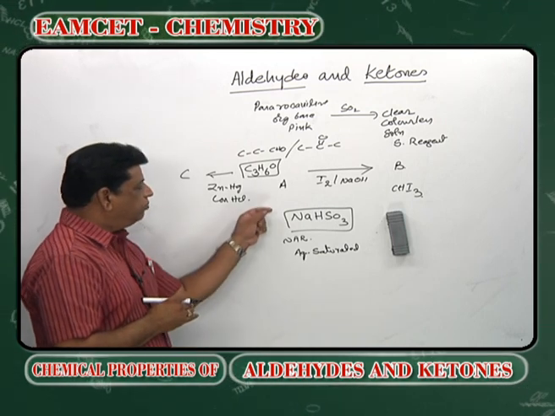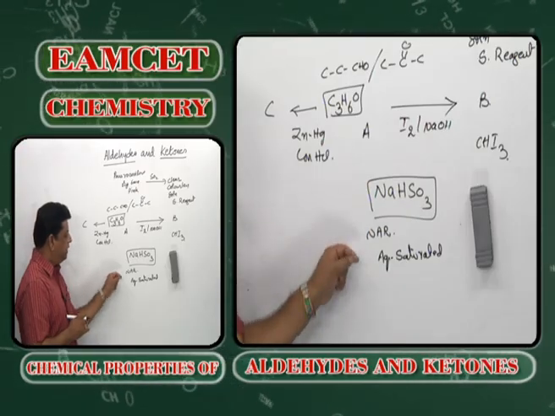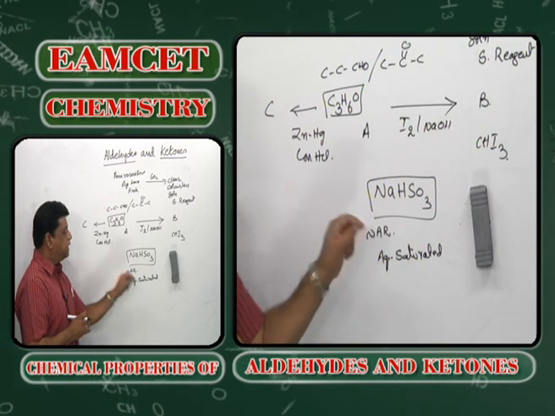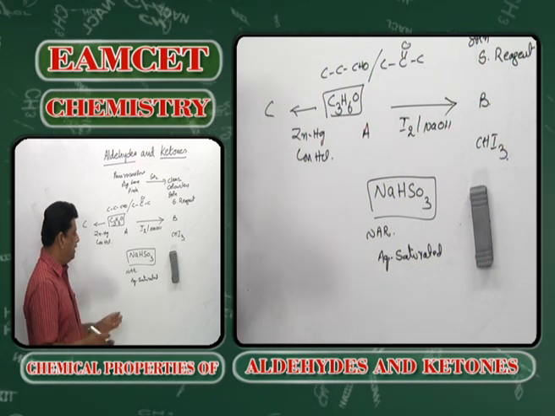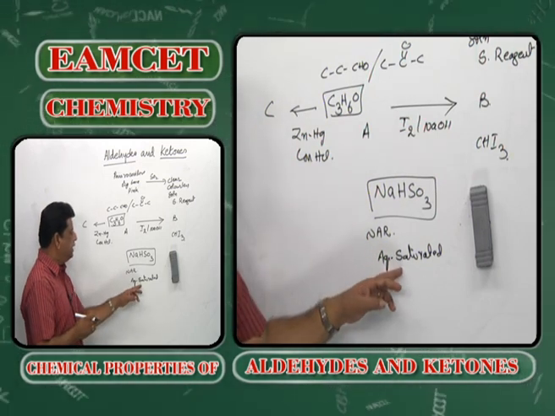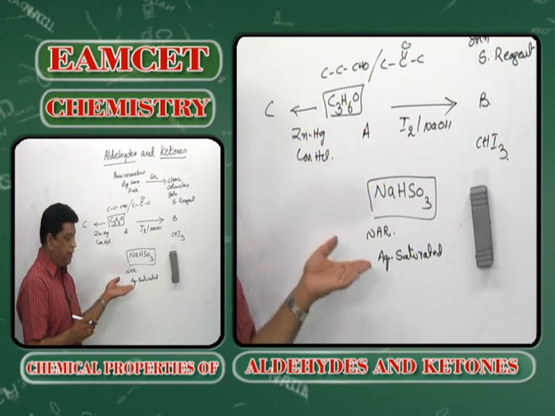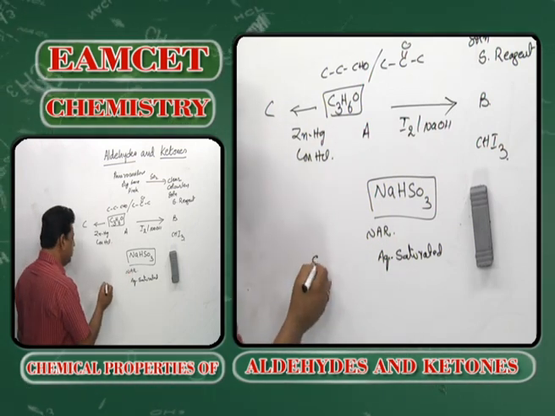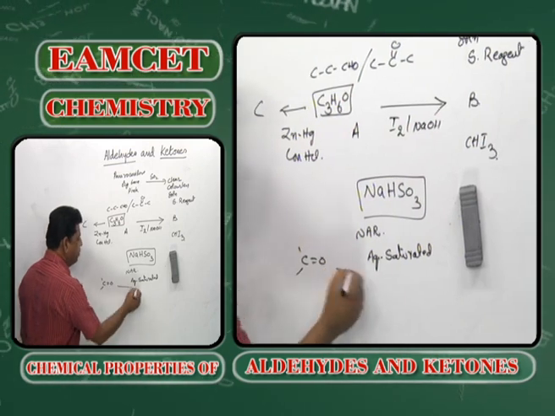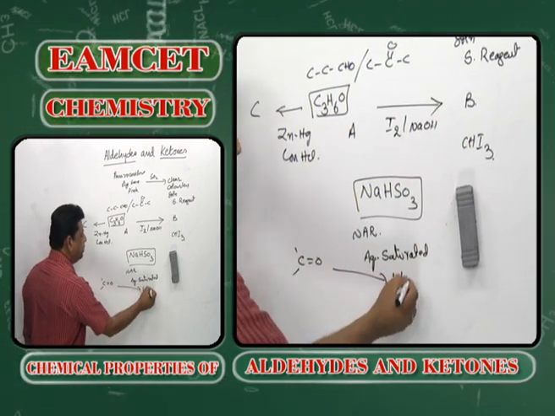So therefore you prepare a sodium bisulfite solution, dissolving in water to prepare a saturated solution, that means go on adding it till the compound no more dissolves, that is called saturated. If such a compound is added, the product formed is already saturated with sodium bisulfite. So therefore, whatever organic compound you take, either aldehyde or a ketone, if you add this one, you will get a white color precipitate.